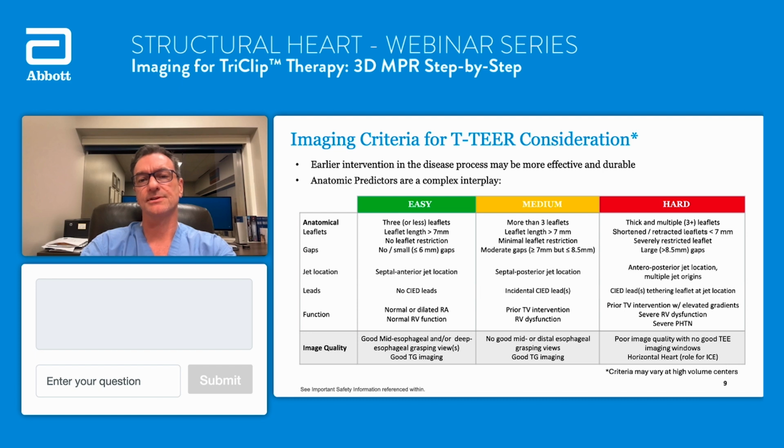Severe pulmonary hypertension and severe RV systolic dysfunction don't necessarily impact the screening or the performance of the procedure, but the clinical expectation of recovery will be less in those patients. And then, of course, poor image quality. So again, almost a traffic light approach to patient selection is important to think about and to recognize. As you plan these cases or decide not to do these cases, this is a useful format.